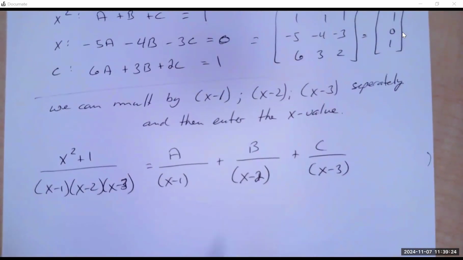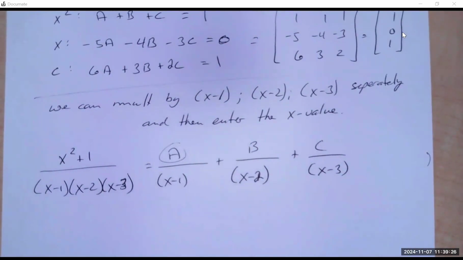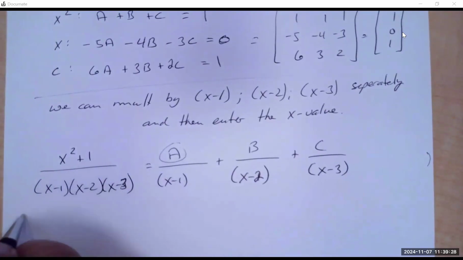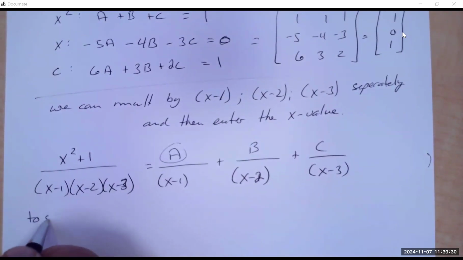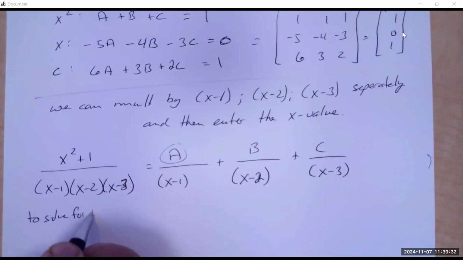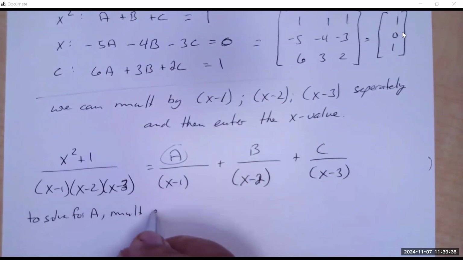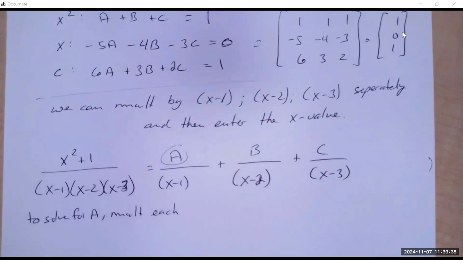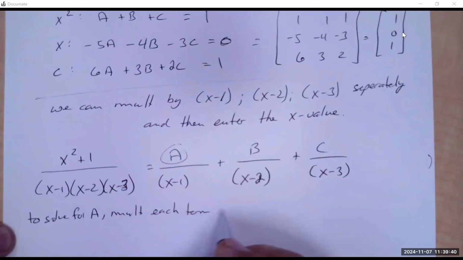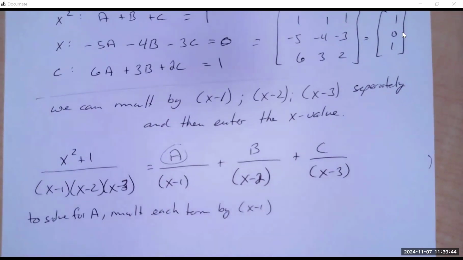So the first one, we're going to solve for A. So multiply each term by its denominator, x minus 1.